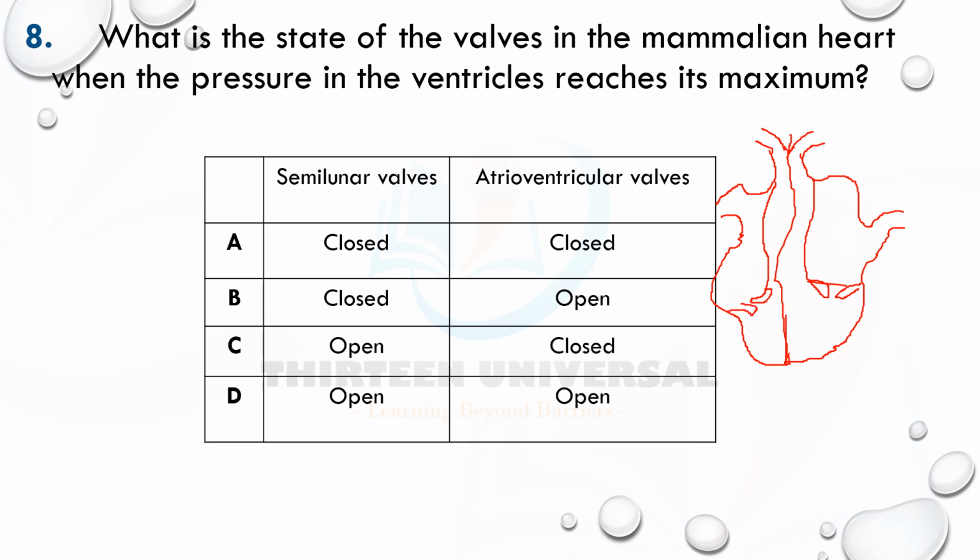It prevents backflow of blood from the right ventricle to the right atrium. This is the semilunar valve. It is called pulmonary, but this is the semilunar valve inside it, which prevents the backflow of blood from the aorta to the left ventricle.